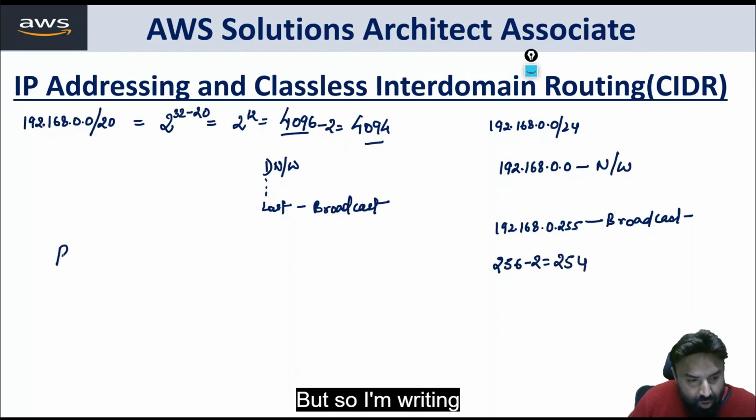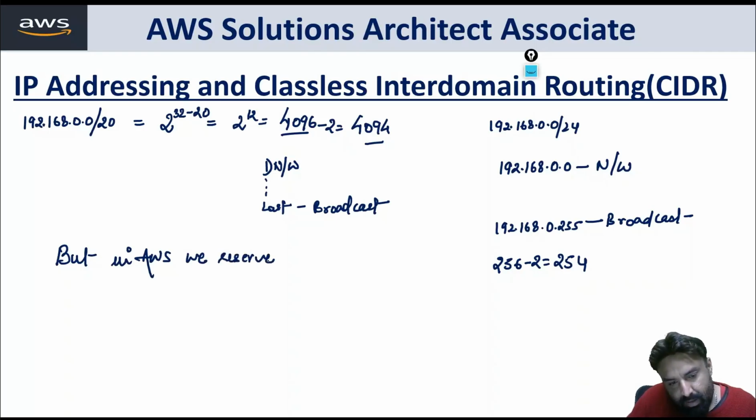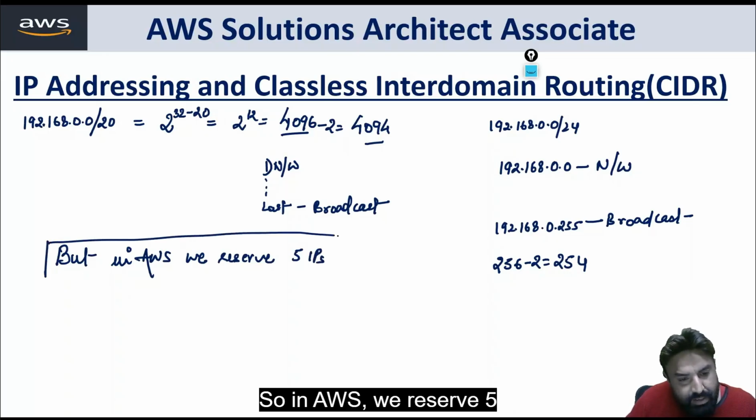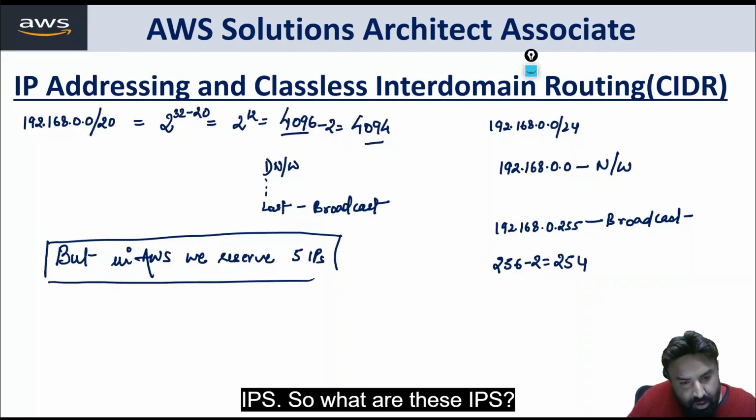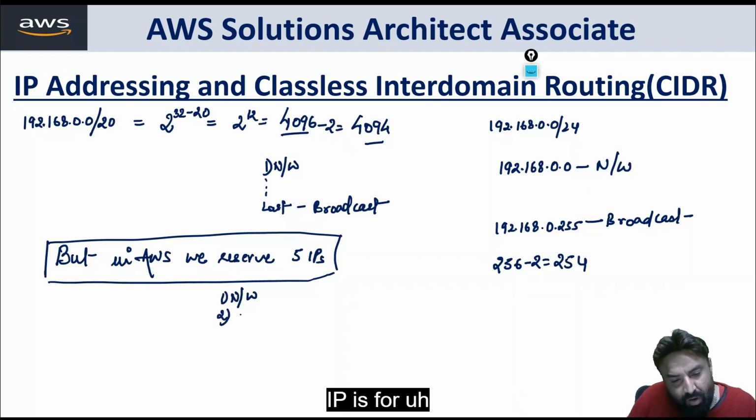But in AWS, we reserve 5 IPs. So what are these IPs? The first IP is for network. Please make a note of it.